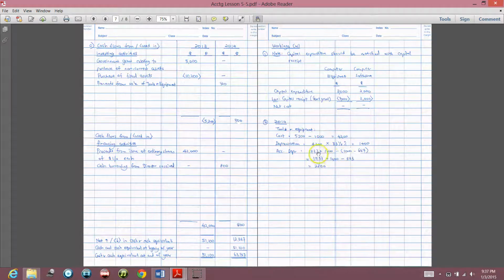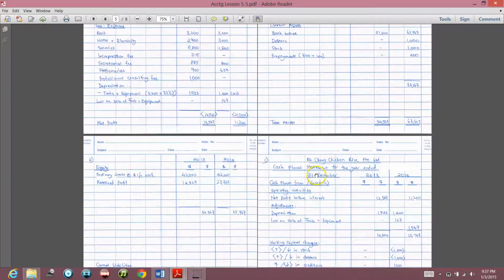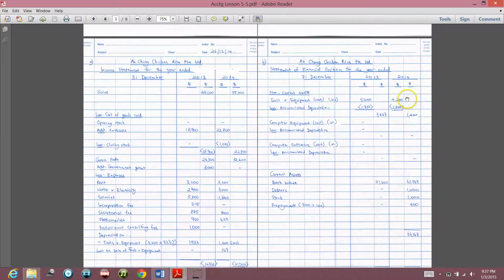So I must minus out the depreciation for the asset that is sold, which is 1,000 minus 667, which is 333. So the accumulated depreciation will be 1,733 plus 1,004 minus 333, which is 2,008. This will go to my balance sheet: 4,002 minus 2,008 is 1,004.